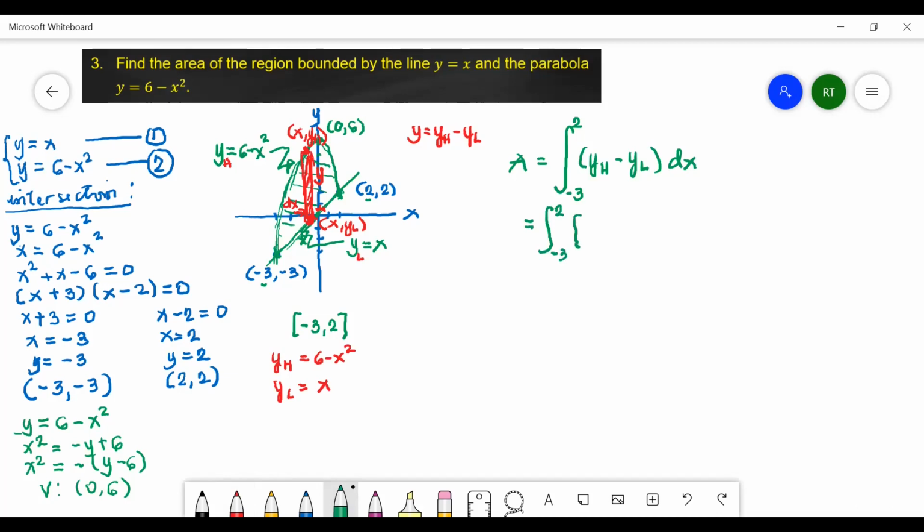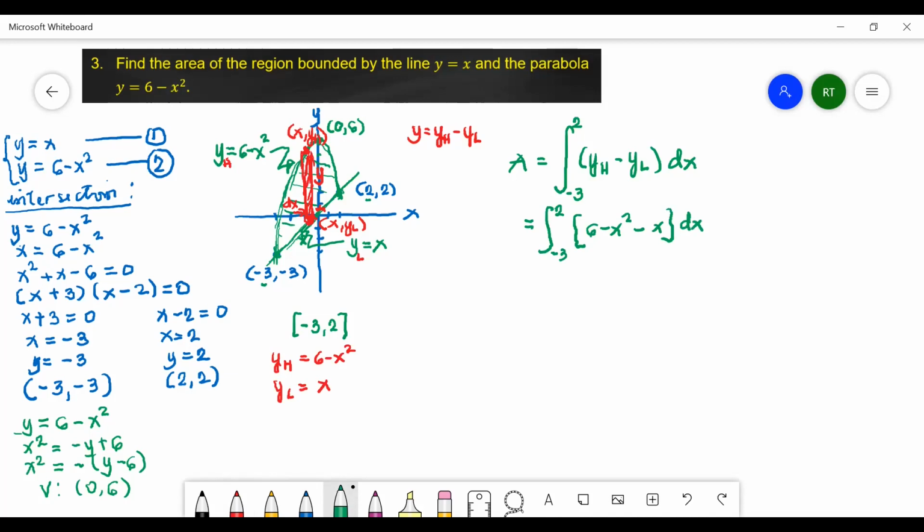Hence, going back, the area is equal to the integral from negative 3 to positive 2 of y sub h, 6 minus x squared, minus y sub l, which is x, and we will integrate this in x.